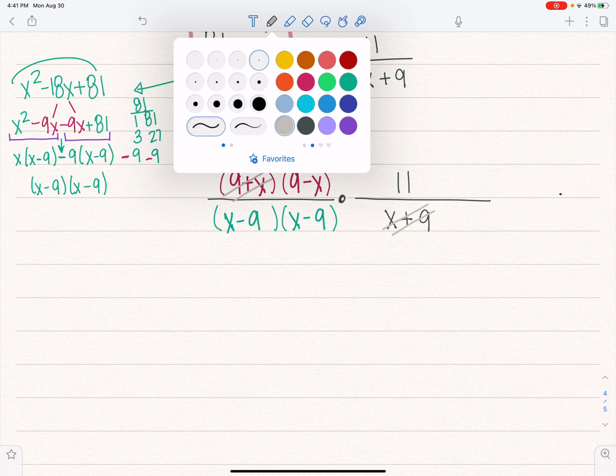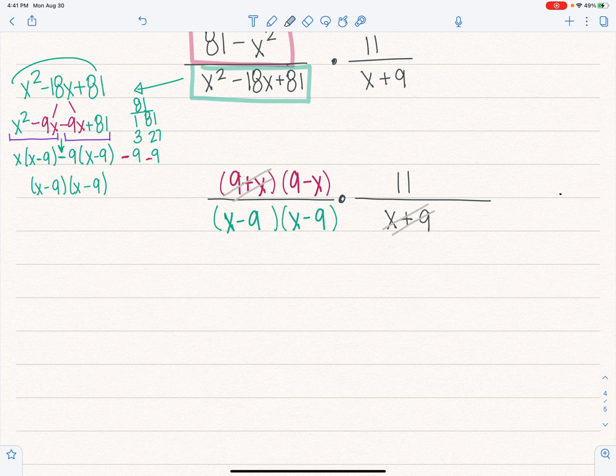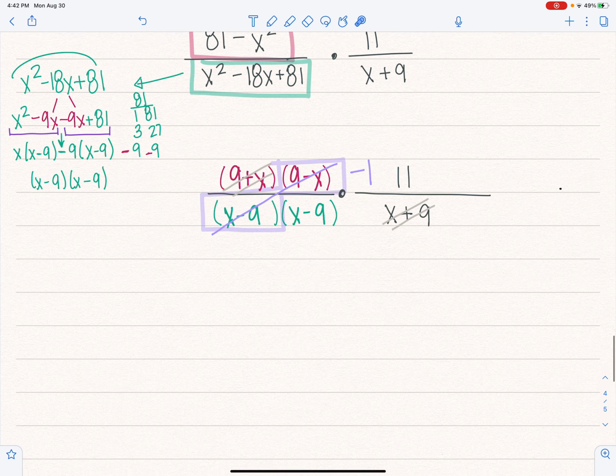Here, though, this is the little trick we just saw in the last example where I have the order reversed over subtraction. And so those are going to cancel, but they're going to cancel and leave behind a negative 1. Now, you could have canceled it with this one or with this one like I did. It doesn't really matter. You'll just cancel it with one of them.